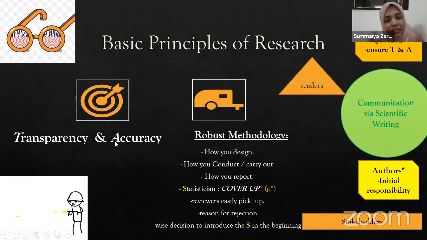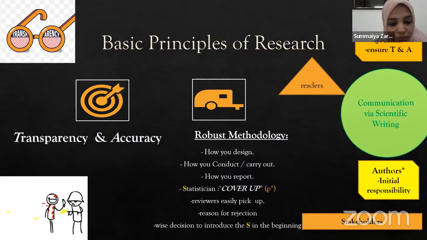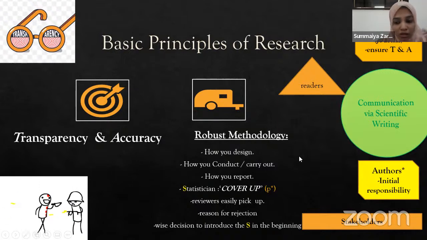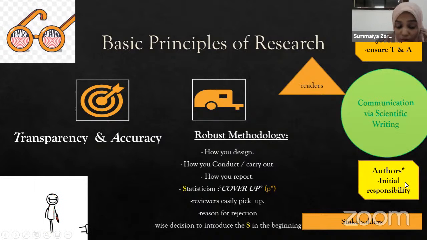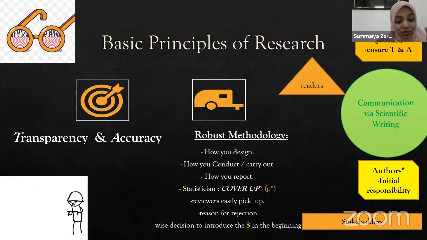It is very easy to say that research should be transparent and accurate, and it should be this and that and X, Y, Z and whatnot. But what do we exactly mean by being transparent and accurate? So I'd like to give you an example. The initial and main responsibility lies on the authors.